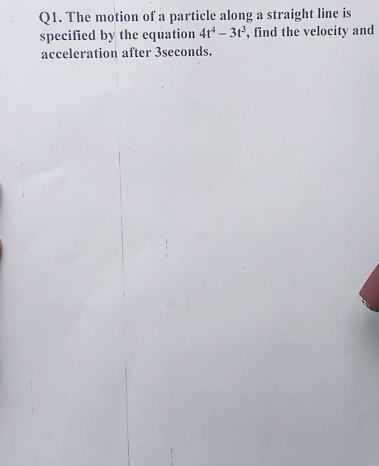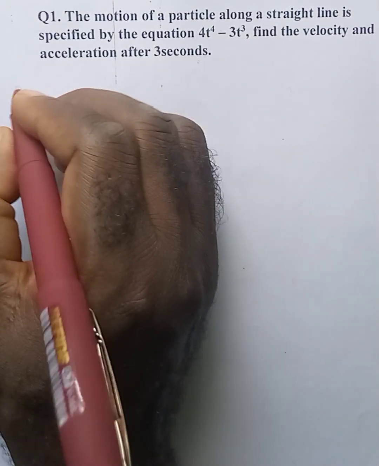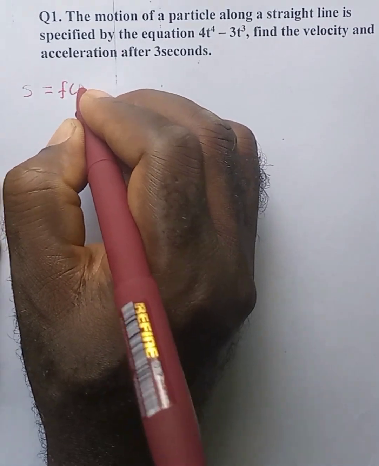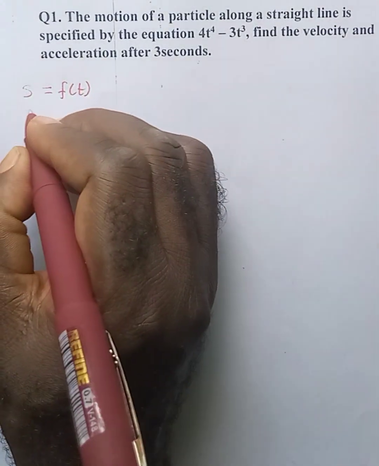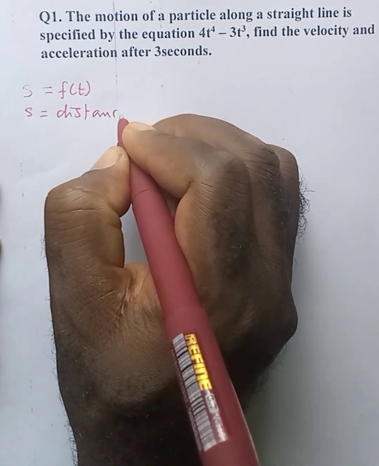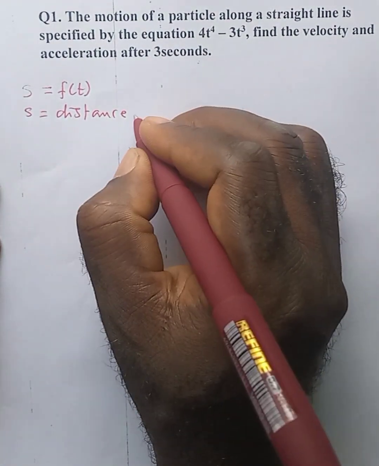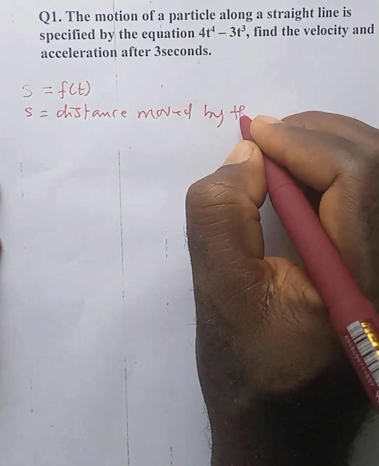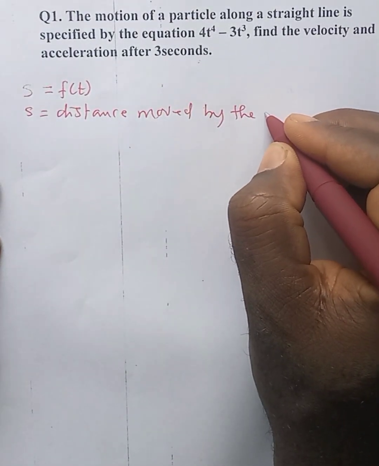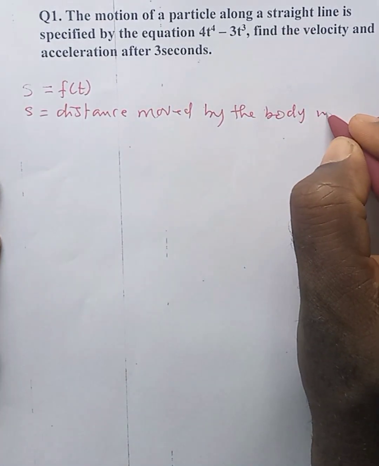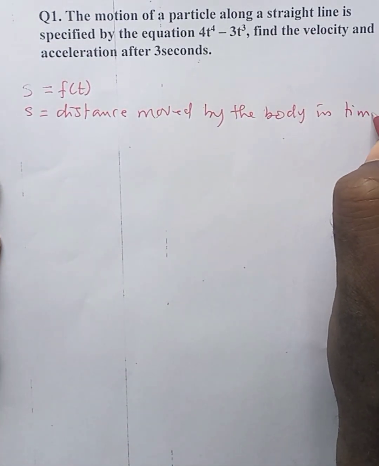It is usually specified as s, a function of time t, where s is the distance moved by the particle, by the body, and t is time.